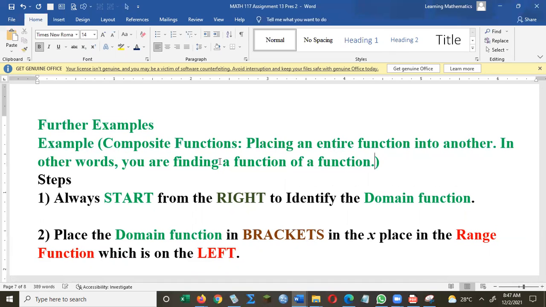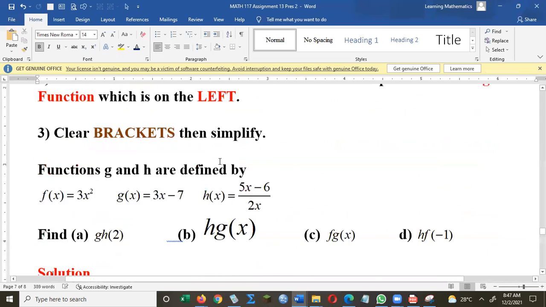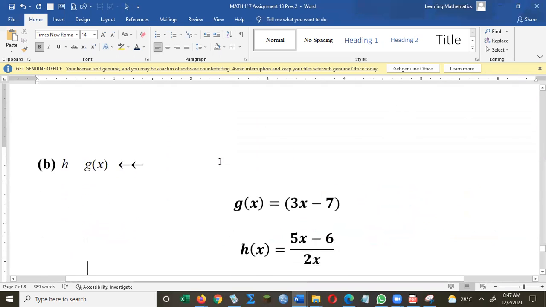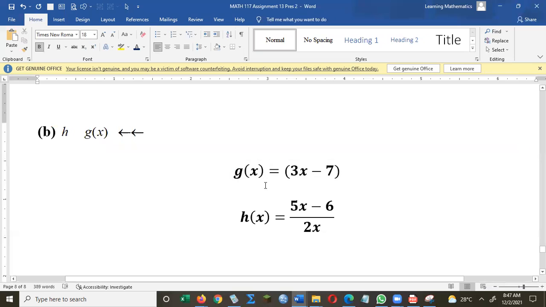That's what you are finding. So that's why you have the domain function and the range function, because you have to put the domain into the range. You understand?